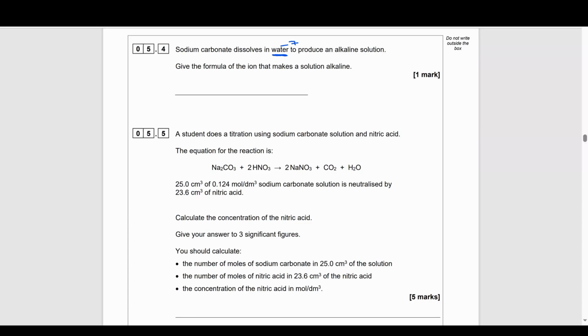Water is made from two ions, our H plus ion and our OH minus ion, which is a hydroxide ion. All acids will contain hydrogen. So this is the ion that we find in acids. So hydroxide is the ion that we find in alkalis. So the ion would be the hydroxide ion.